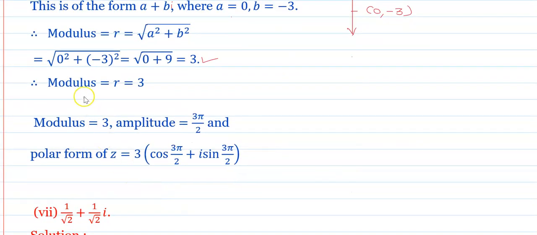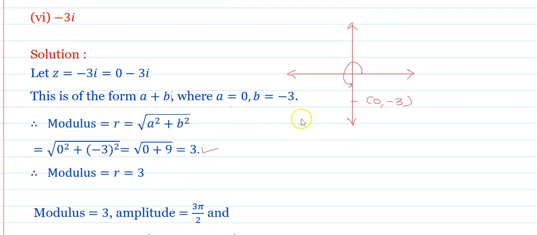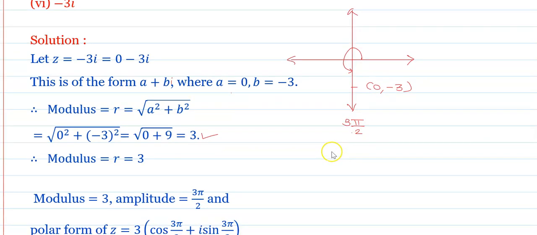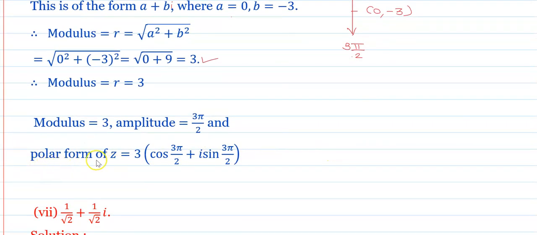Modulus of r is equal to 3, and its amplitude is equal to 3 pi by 2. Therefore the polar form of z is equal to 3 in bracket cos of 3 pi by 2 plus i times sin of 3 pi by 2.